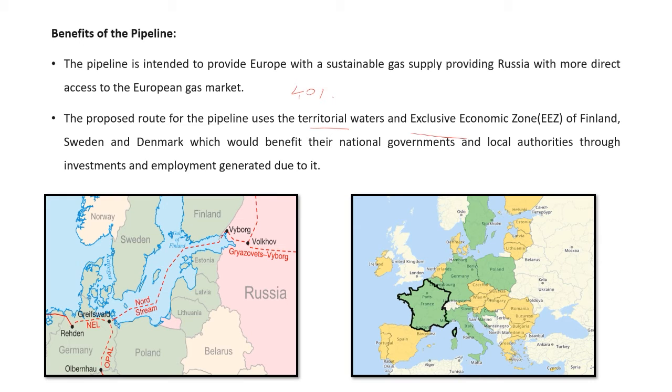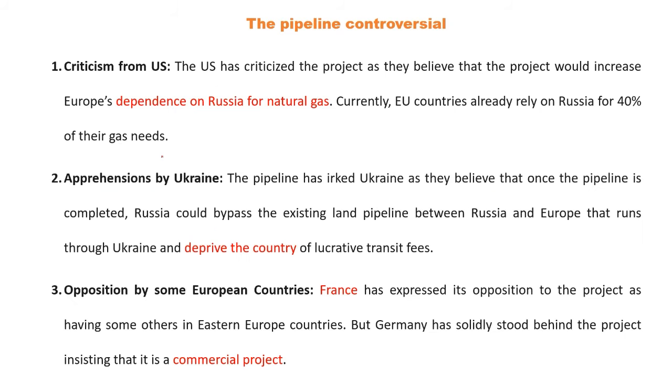It will be boosting the economy there, because it is going to supply natural gas and create investment and employment in this region. So these countries will not be most affected, because these are all beneficiary activities by Russia, such as employment and investments.